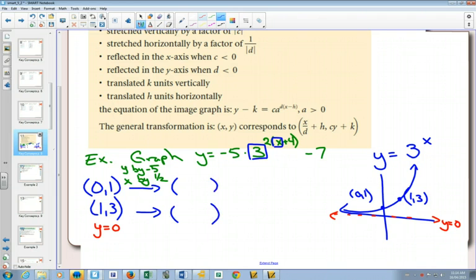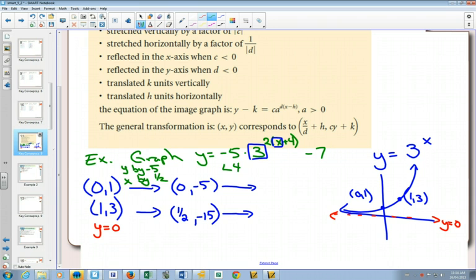Well, if I multiply y by -5, I'm going to get -5 here and -15 there. And x by 1/2, this will still be 0, and this one will now be 1/2. The next things that when I go from left to right, I hit the 4 and then the 7. The 4 is going to make it go which direction?